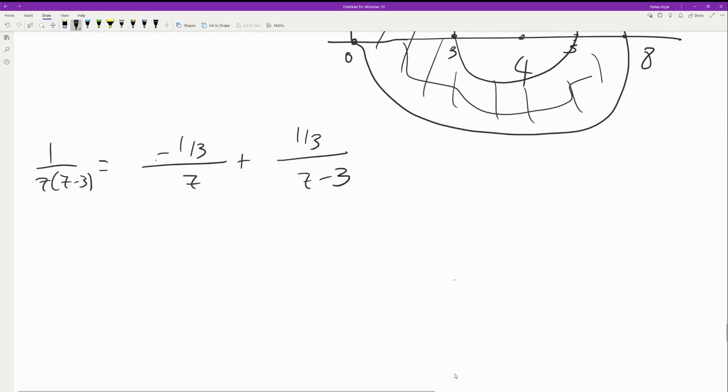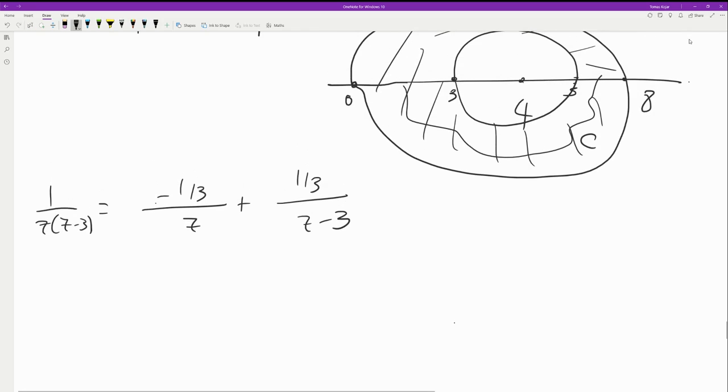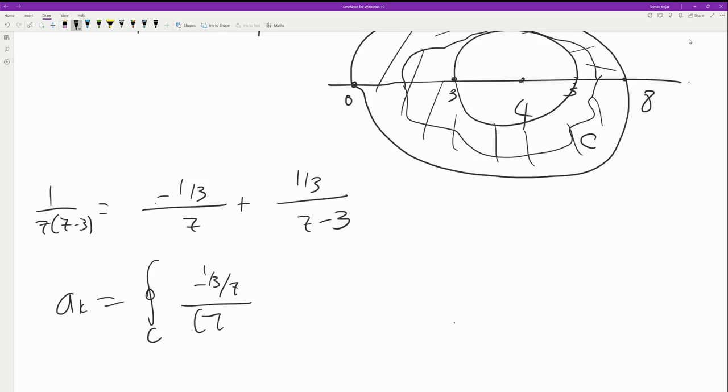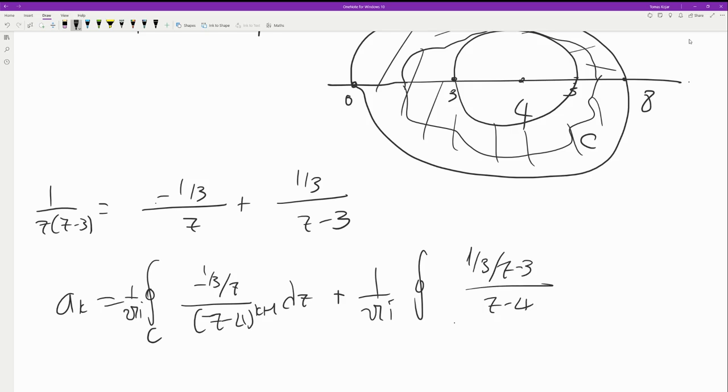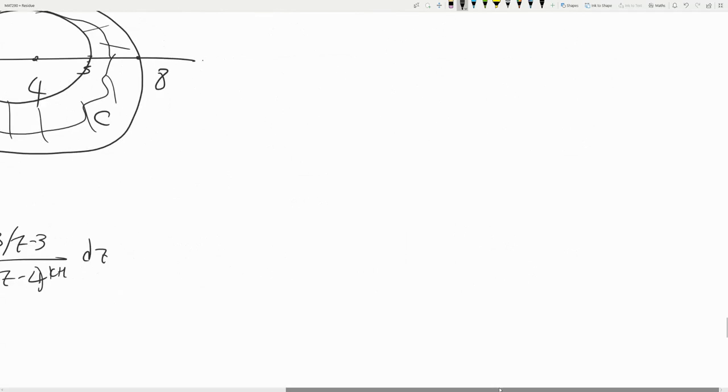So yeah, we take an arbitrary contour C. Okay, so it will be minus 1/(3z) over (z-4)^(k+1), and 1/(3(z-3)) over (z-4)^(k+1).